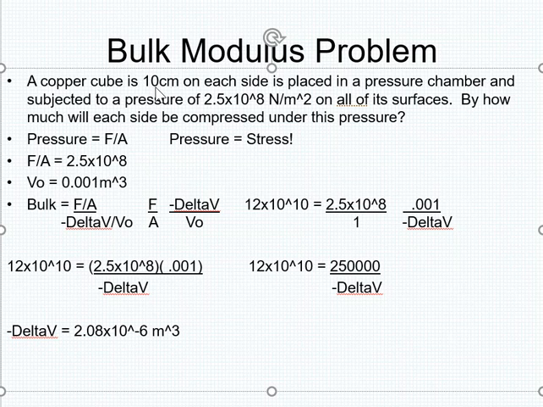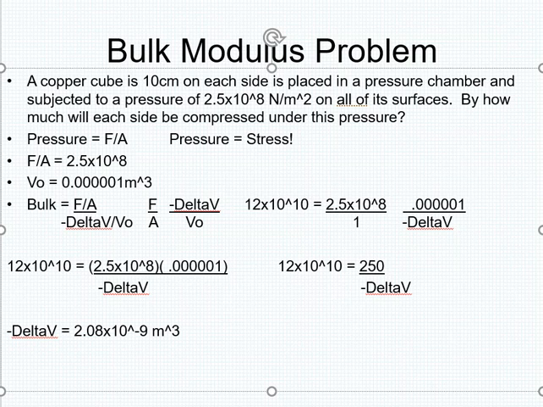If we take 0.01 and cube it, the V naught turns out to be 1 times 10 to the negative 6 meters cubed. So let's put some stuff in here. The bulk modulus is force over area divided by the negative delta V over V naught.